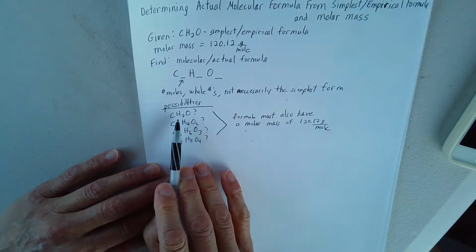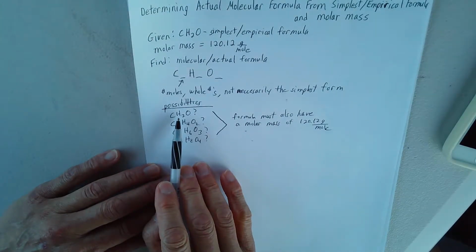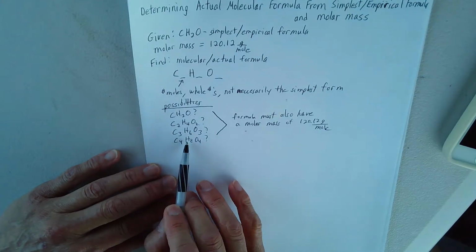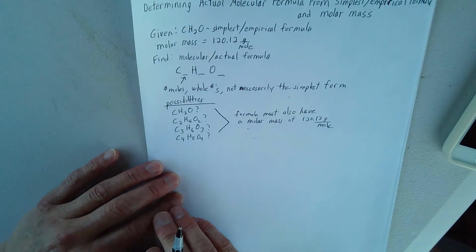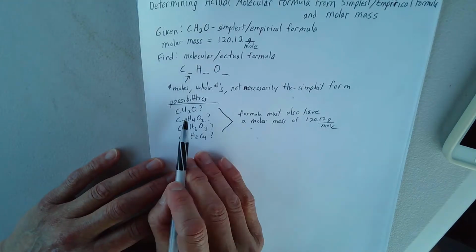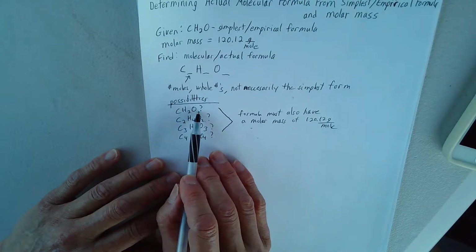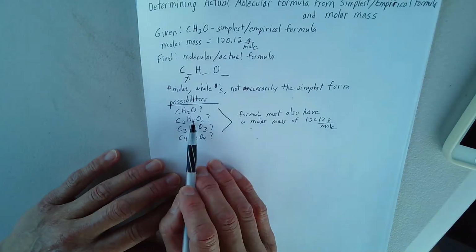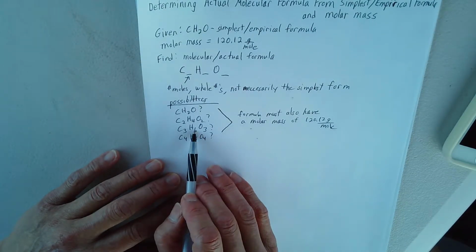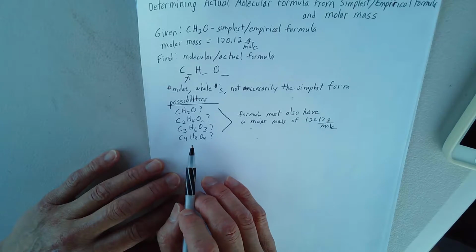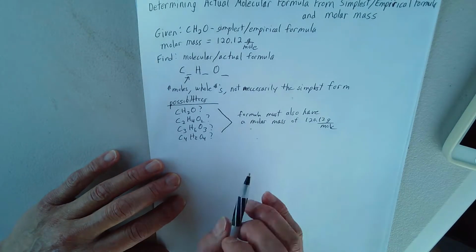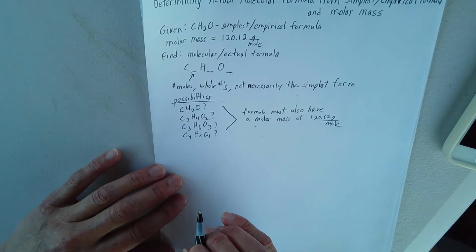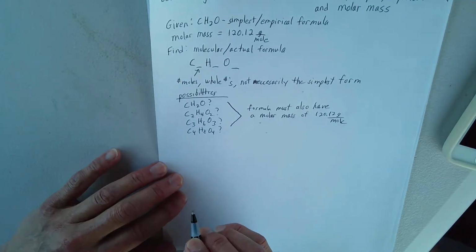Does this formula have a molar mass of 120.12 grams per mole? Or is it this one, or this one? We could do trial and error and calculate the molar mass of this one, and if it's not, calculate the molar mass of that one, and if not, go on to the next. Eventually we'll find the one with the molar mass of 120.12 grams per mole, but that might be tedious and take a lot of time.